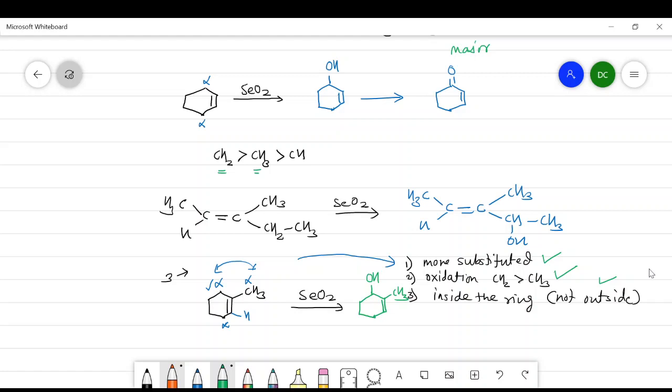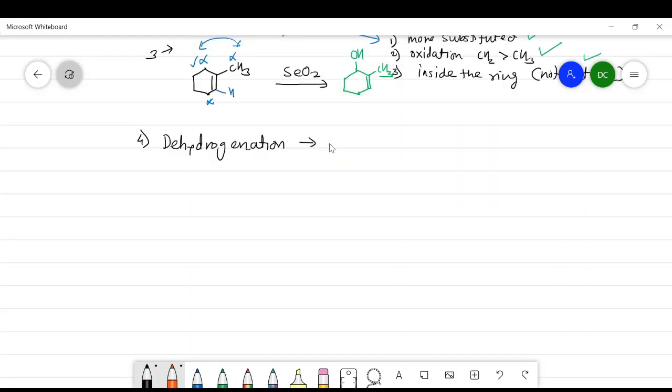Now we will see the next application, that is dehydrogenation. Dehydrogenation is nothing but the removal of hydrogen, and removal of hydrogen is also called oxidation. For this we take a typical example, benzyl alcohol, that is CH2OH.